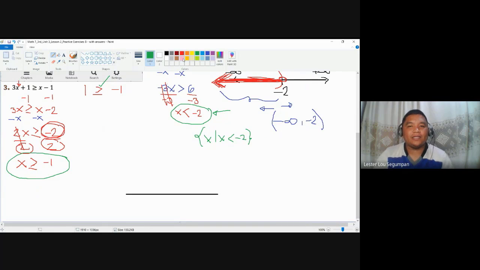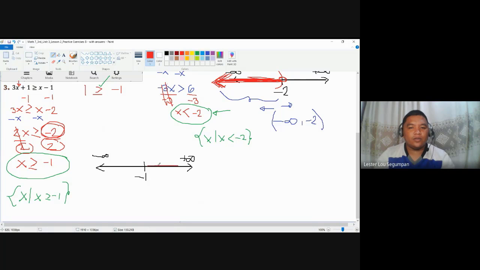And then complete the remaining 3 forms. Solution set is x such that x is greater than or equal to negative 1. Close it. Our graph, again, extends here, negative infinity, positive infinity, and it starts with negative 1.